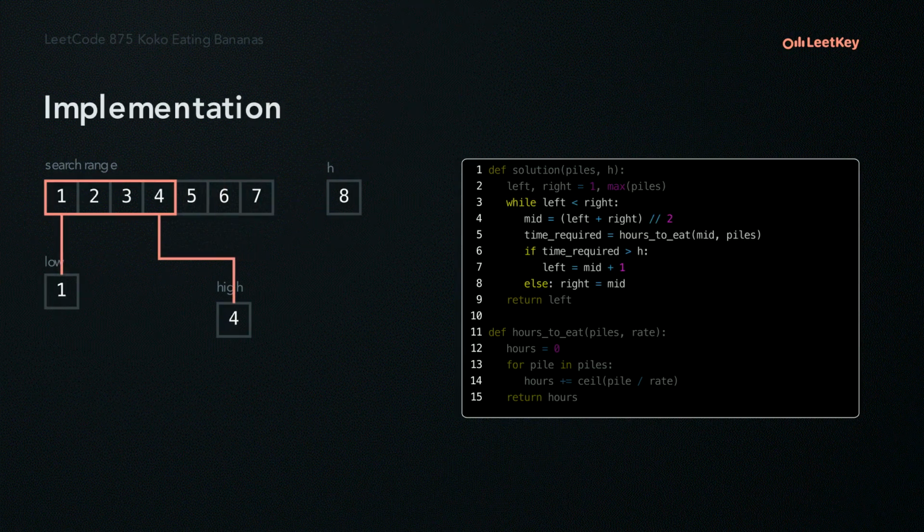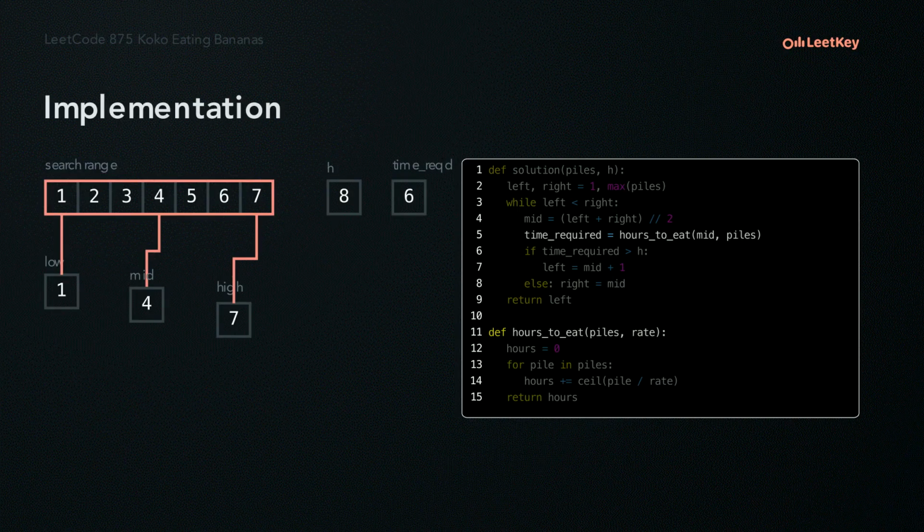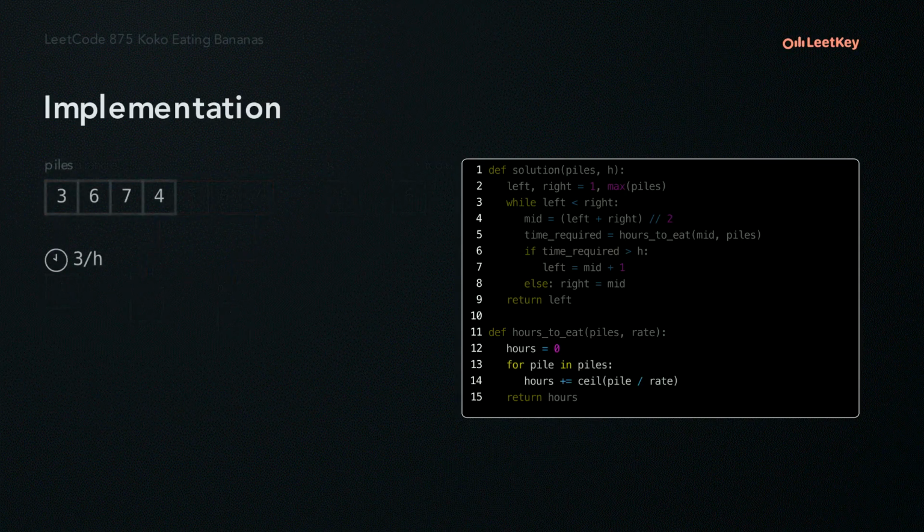We loop until the search isolates a single result. At each iteration, we find the value halfway between min and max and check how many hours it would take to eat all bananas at this rate. We do this by manually counting the hours it takes to eat all bananas at this speed.